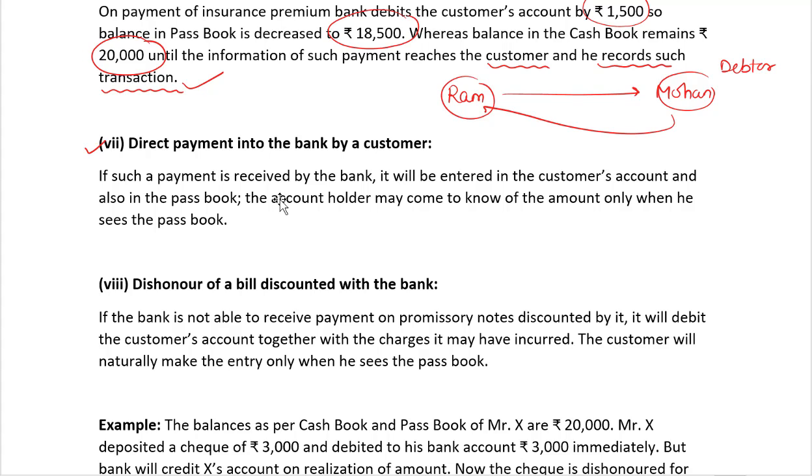After 2 months, Mohan directly deposited the amount that he needs to pay to Ram in Ram's bank account. Ram has no information regarding this transaction, but the banker has collected the money. So what will happen? As per the cash book, the balance will not increase, but as per the passbook, the balance will increase, and accordingly we need to make the adjustments.